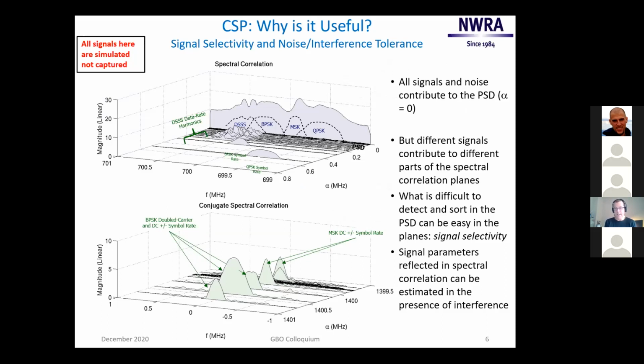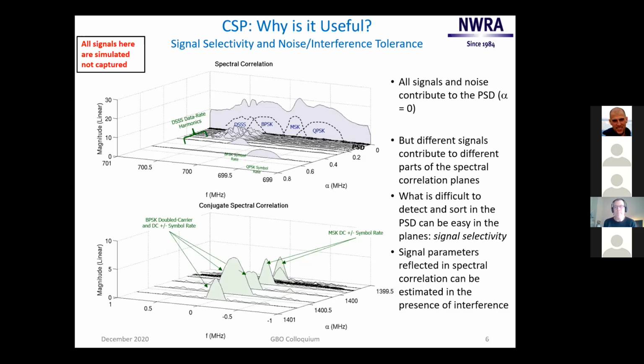The little dotted lines on the upper part show you the power spectra of those constituent signals. It gives you an idea of where the noise floor is, and that if you looked at a spectrum analyzer at this data, you would see that black line at alpha equals 0 in the upper plot, but you wouldn't really know how many signals are present or what their types were or anything like that.